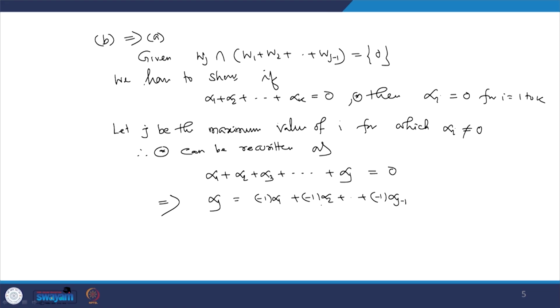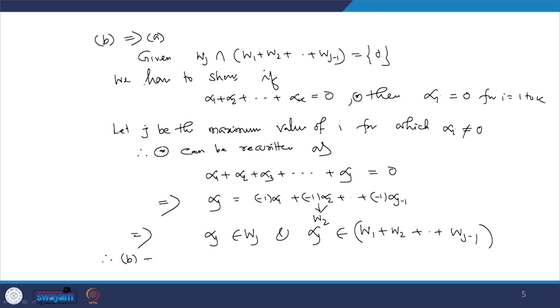So, each of them belongs to W1, W2, ... Wj minus 1. So, this implies alpha j belongs to Wj and alpha j belongs to W1 plus W2 plus ... Wj minus 1. So, B implies alpha j equal to 0.